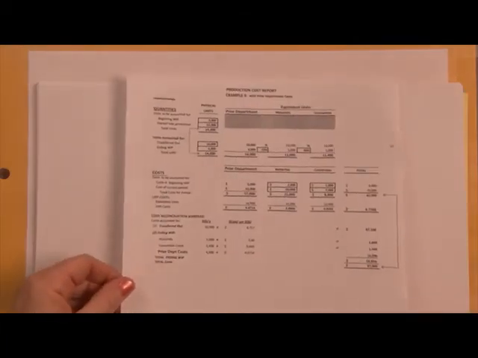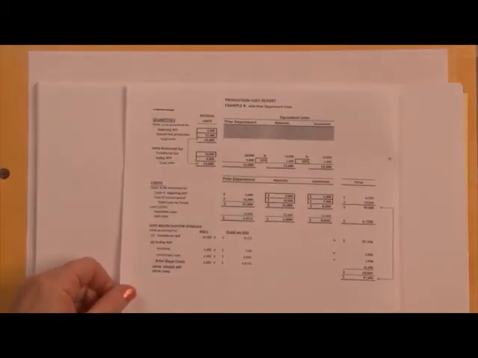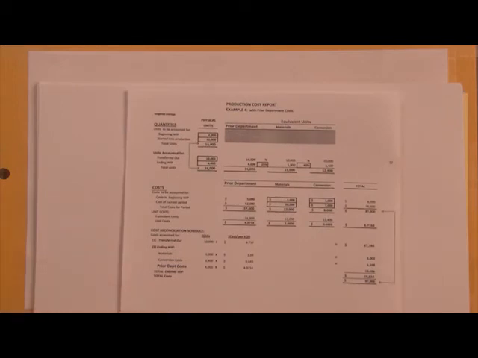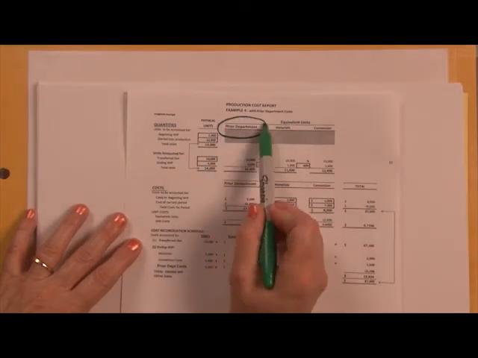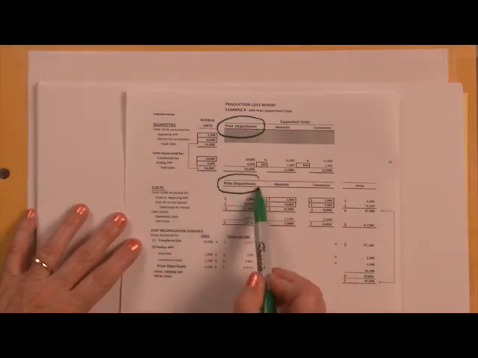Now, what I want to show you again, you should have this printed in front of you, but this is example 4. It is completed. It's been done on the template, which we call the production cost report. And I will point out to you here, this is what is new.